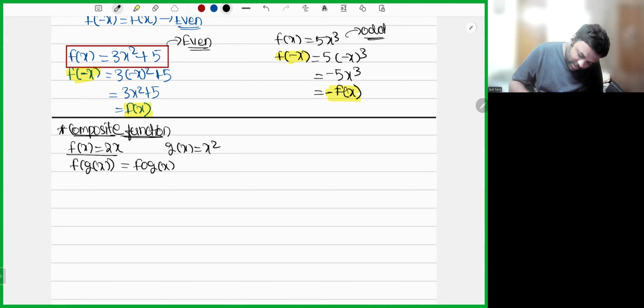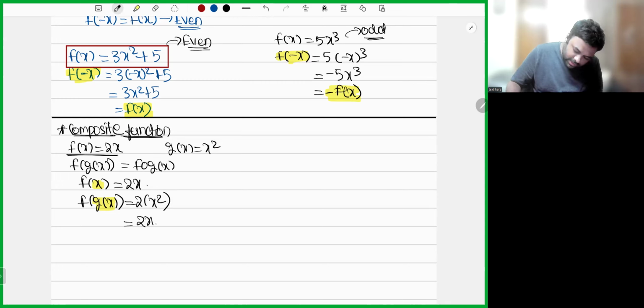Now see here, f of x is 2x, right? Now instead of x here, I'll substitute g of x. 2 into x square, that is equal to 2x square. So f of g of x is 2x square. Next step, g of f of x.